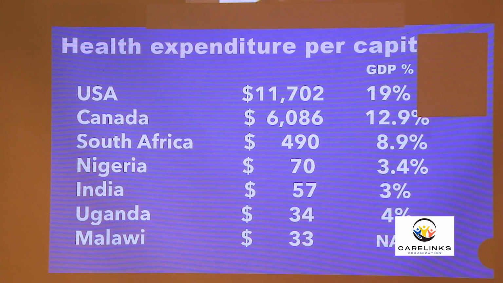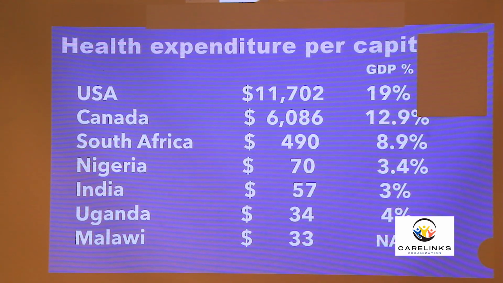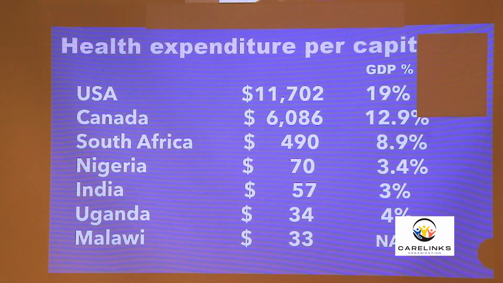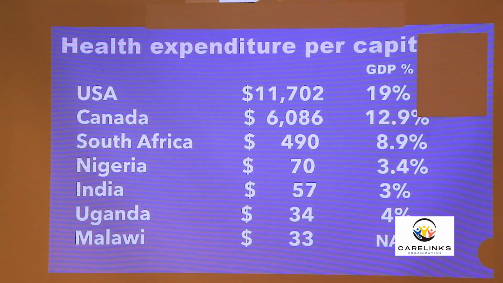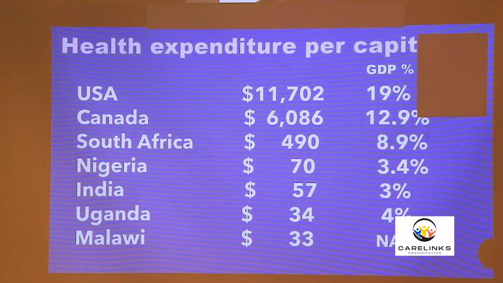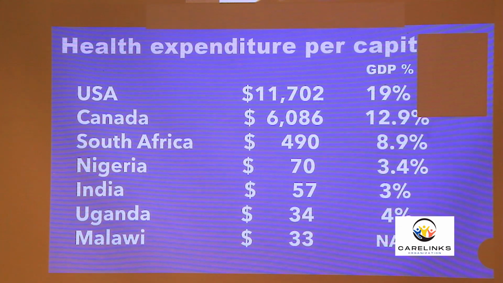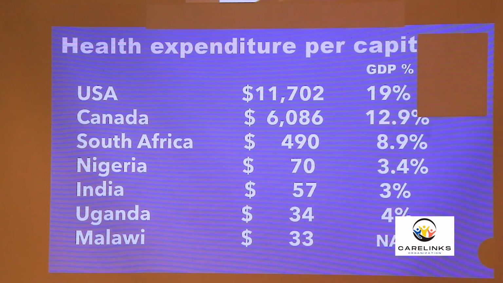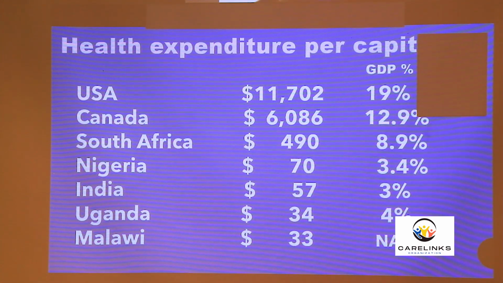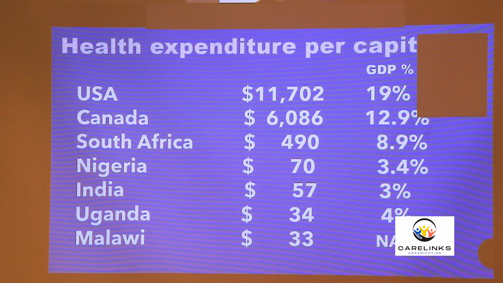As you get down into Africa, though, you can see that the health expenditure per capita is very low, representing 3 to 4% of GDP. An intermediate income country like South Africa, certainly higher, but nowhere near the rates that we see in the U.S. and Canada. And you could argue that maybe we shouldn't be spending that percent of GDP on healthcare, but clearly if we are going to spend it, it has to be better distributed to those in need.